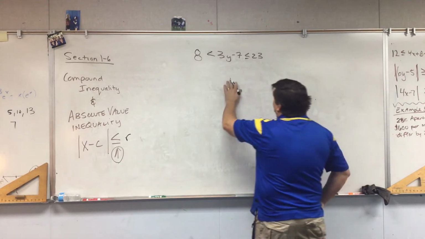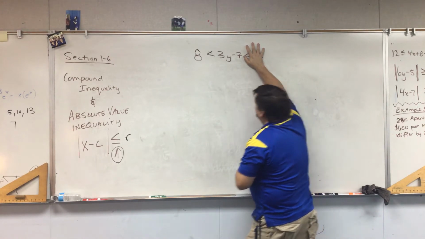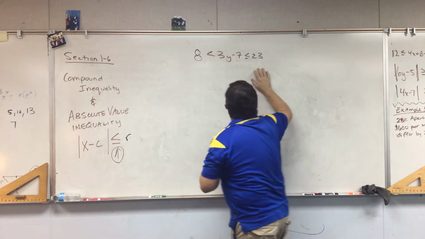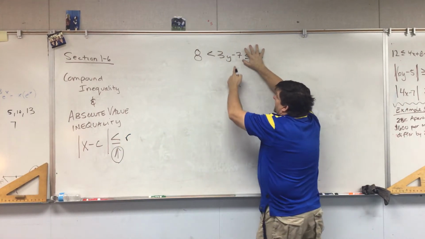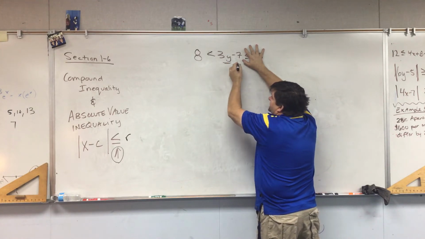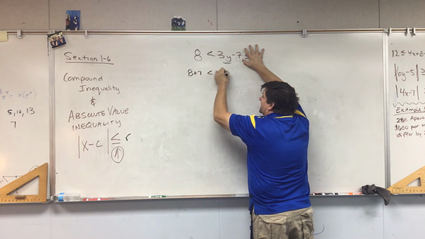So when we're looking at this, if I cover this up, I have an equation. And if I cover this up, I have an equation. So rather than separate it into two equations, we'll just look at it this way. How do I get y by itself? I'm going to add 7 to this side, 8 plus 7.